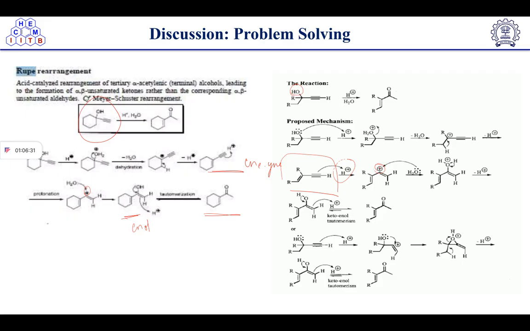Then this carbocation will get trapped by a water molecule, because earlier water was eliminated, right? So water will trap this carbocation and deprotonation will take place to form the enol intermediate. Then keto-enol tautomerization will result in the product. So I hope the mechanism is clear to you. This is a rearrangement reaction which is very simple, but practice is required.